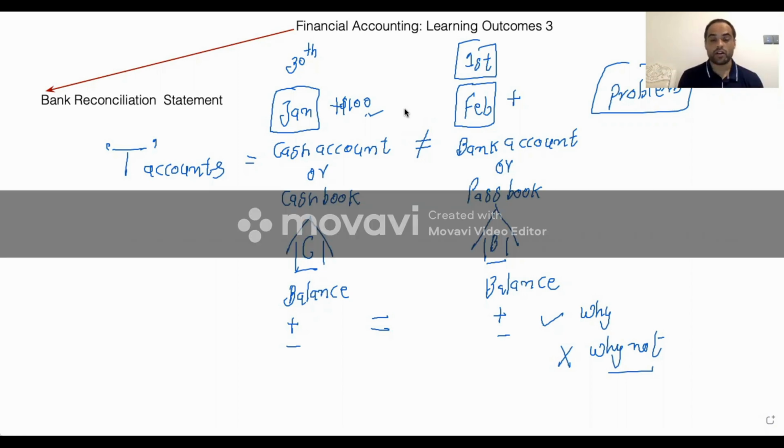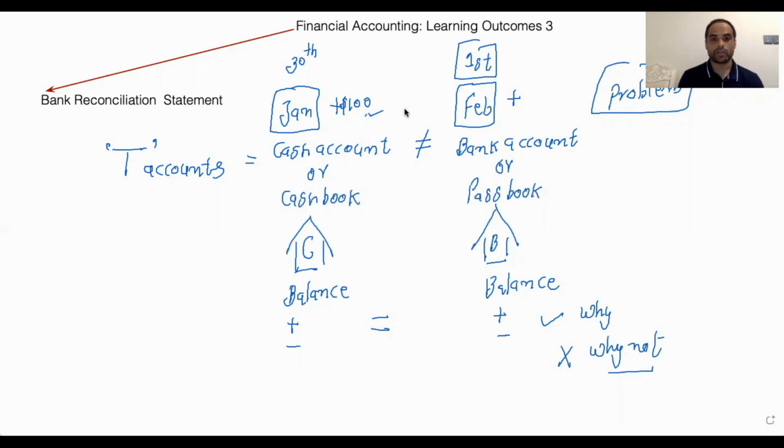So you think you have $100 to invest, but when you go to the bank to withdraw, you have no money because that money is in process. This is the problem.